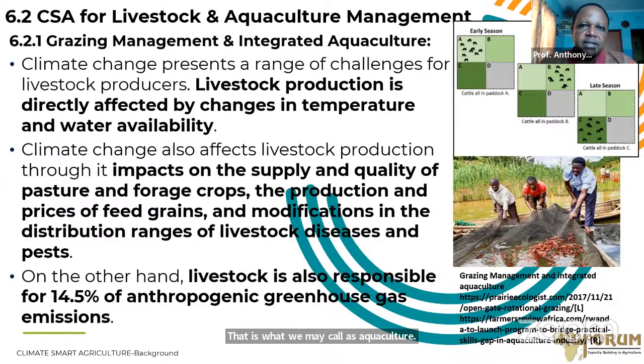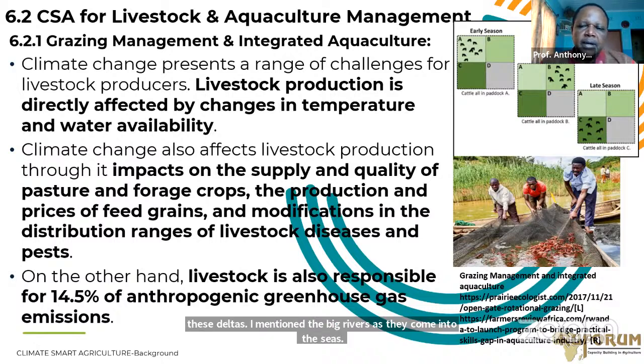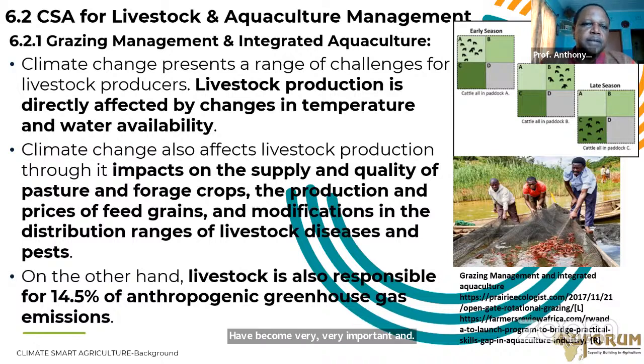Rice production systems in these deltas, in the big rivers as they come into the seas, have become very important, and people are learning methods because of eutrophication. You remember I mentioned the high nitrogen and phosphorus deposition due to leaching and deep drainage. We should avoid applying a lot of fertilizers which can go into our lakes, ponds and rivers.